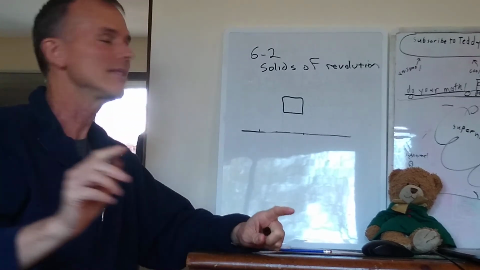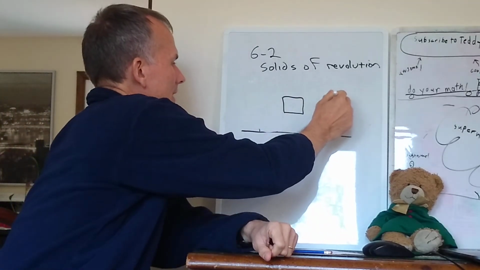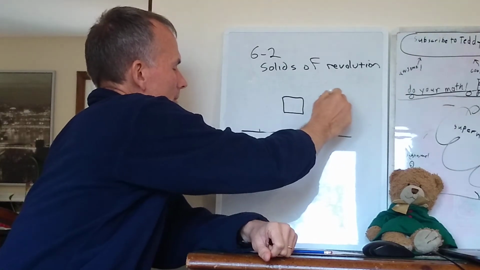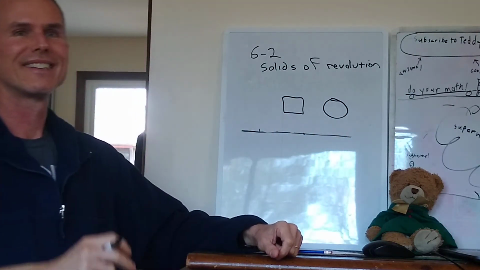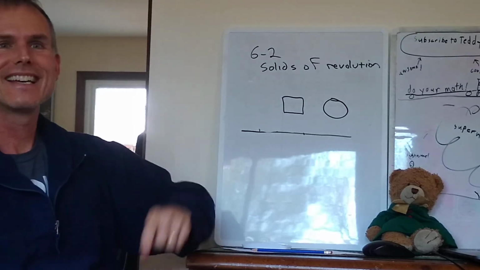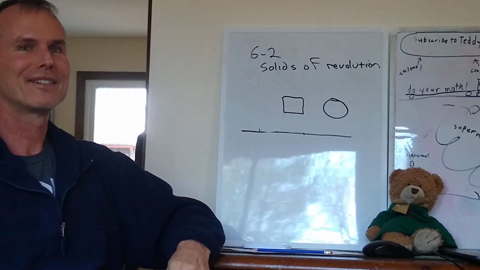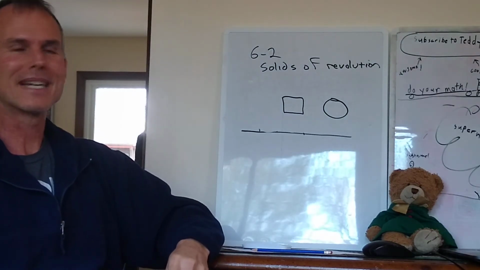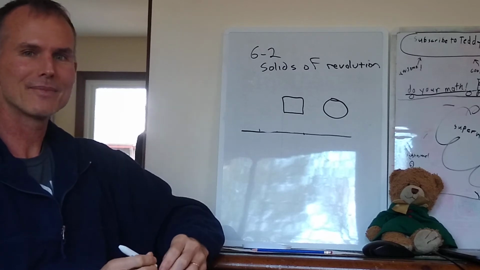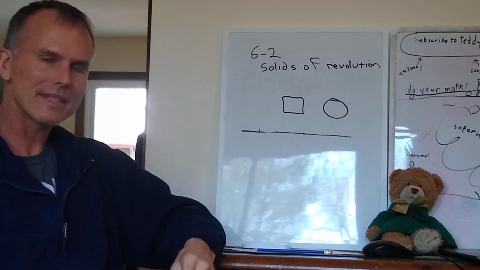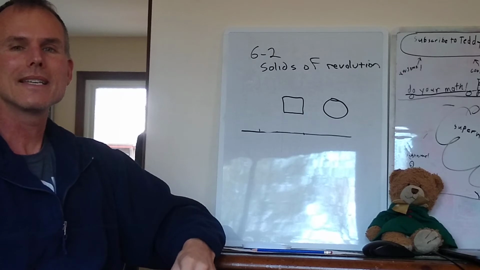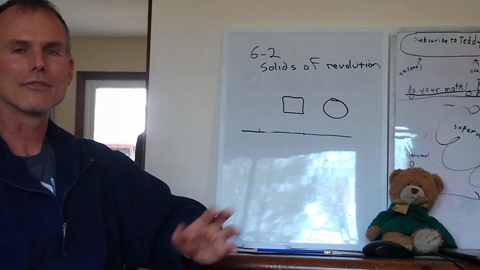But she's almost right. If instead of putting a square up there, I put a circle, and I spun it, Eliza, what does it look like now? A donut. Now it looks like a real donut, not a squarish donut. Everything that we've talked about is what's called a solid of revolution.